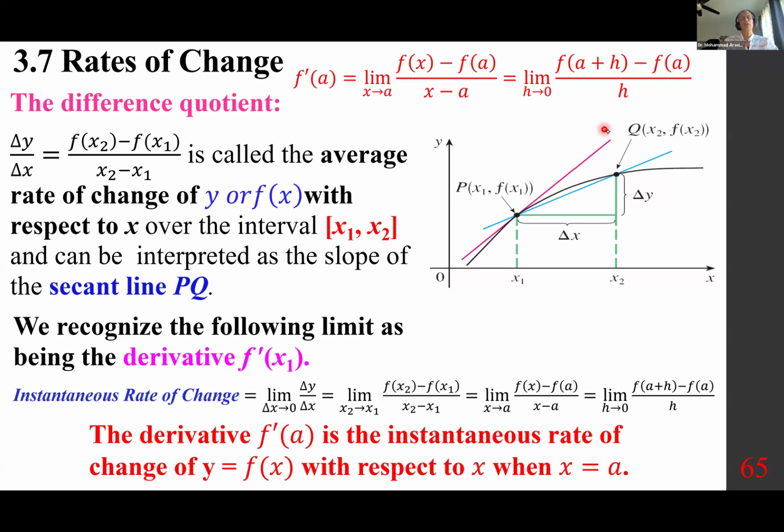And we can write it in this format. f prime of a is, these two are mostly used, the limit of f(x) minus f(a) over x minus a as x approaches a, or limit of f(a plus h) minus f(a) over h as h approaches 0.